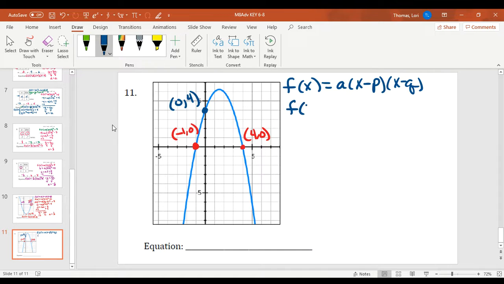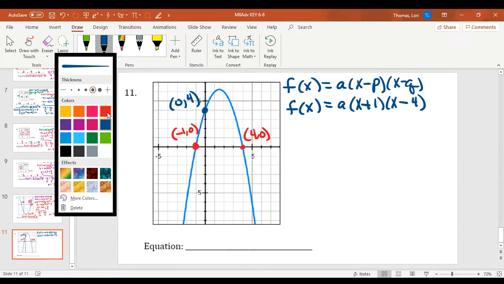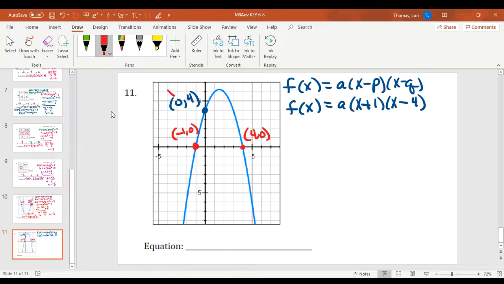So let's plug in our p and q. So it's x minus -1 and x minus 4. Now let's use the other point for x and f of x. So for f of x, we're going to plug in 4. For x, we're going to plug in 0.